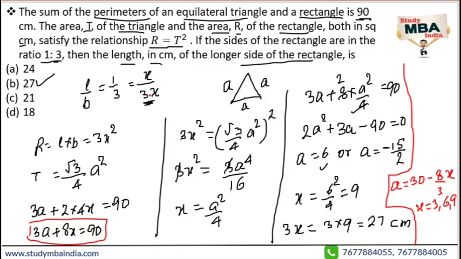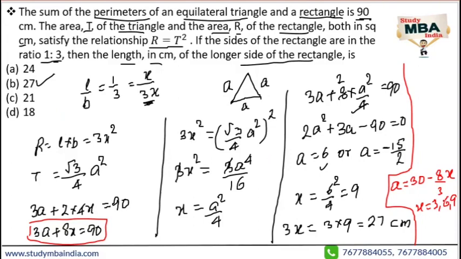So if you put x equal to 3, you will get 9, which is not in the options. If you put x equal to 6, you get 18, which is in the options, and x equal to 9, 27, which is also in the options. So that means 24 and 21 will not be the answer. So what can be the answer? Either 27 or 18. But we can cross check whether 6 or 9 will satisfy.